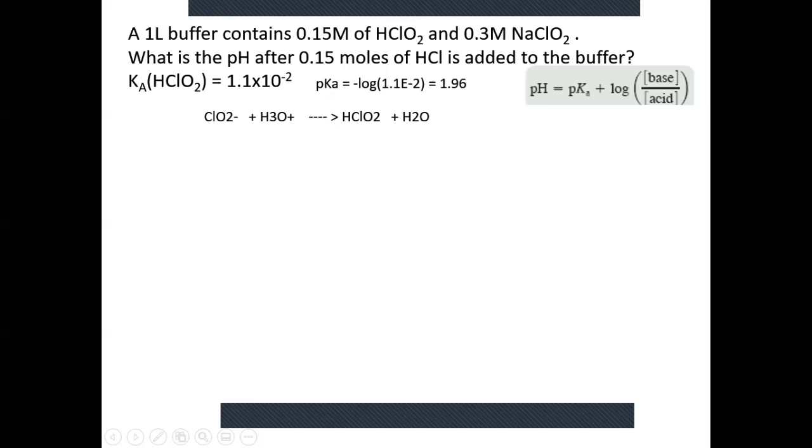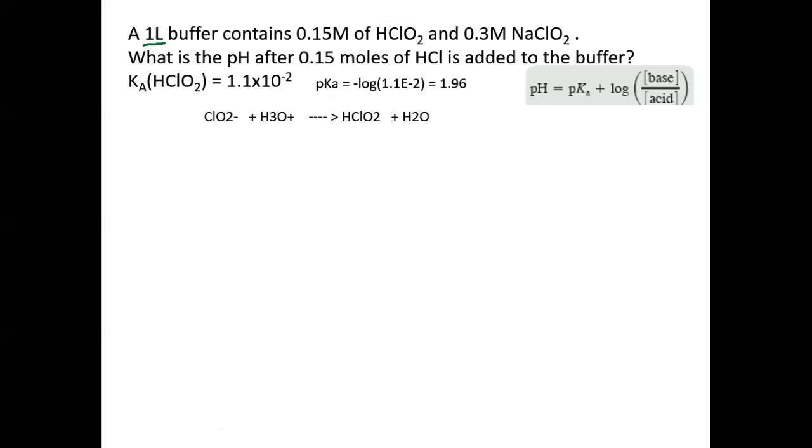We need our equation. So since we're adding a strong acid, it's going to react with the weak base and form weak acid. And since we're dealing with 1 liter of solution, the molarities are the same as moles. So we have 0.15 moles of chlorous acid and 0.3 moles of sodium chlorite. So we do our initial, change, equilibrium.